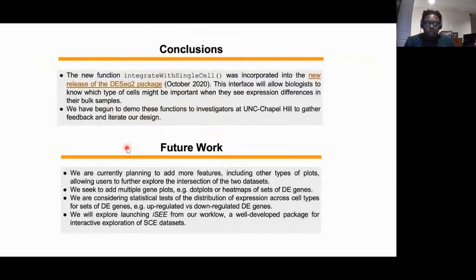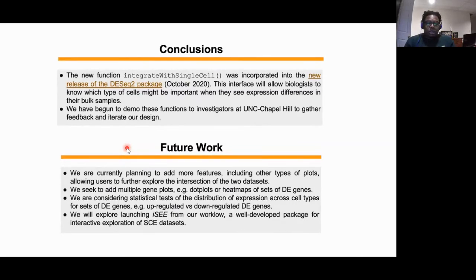So to conclude, this new function integrate with single cell, we were able to get it into the new release of DESeq2. And right now we are in the process of showing demos to some PIs at the University of North Carolina at Chapel Hill.